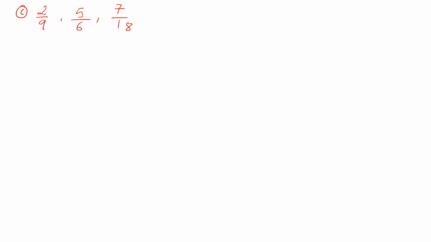Now here this fraction is also not in like fractions. So we need to make like fractions. So multiples of 9 are 9, 18, 27, 36. I'm writing up to 4 only.